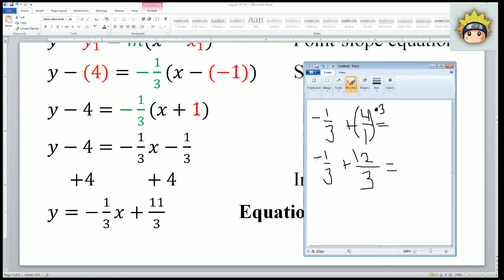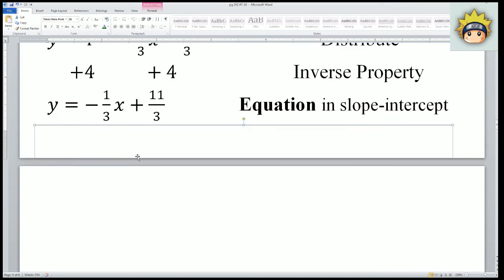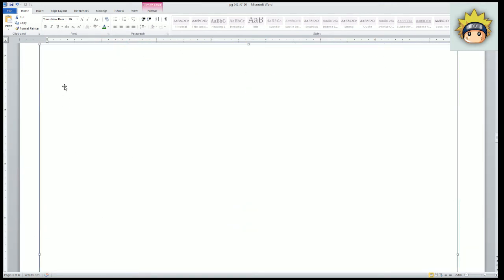Add straight across. Negative 1 plus 12 is 11, and the denominator stays 3. That is how I got 11 over 3. That is the equation in slope-intercept form. Alright, good. We're doing good so far.